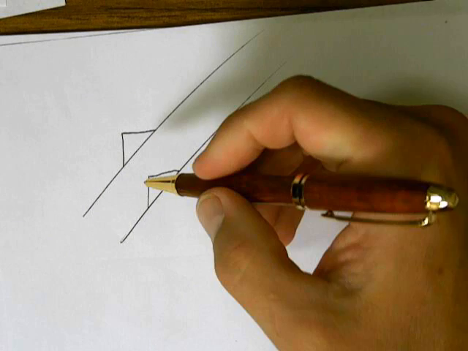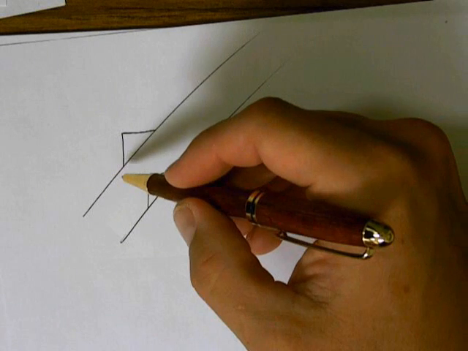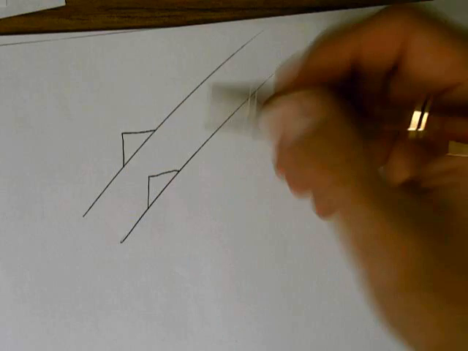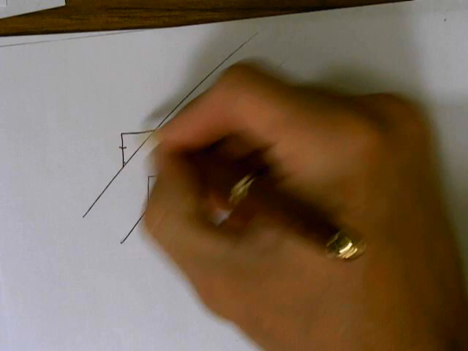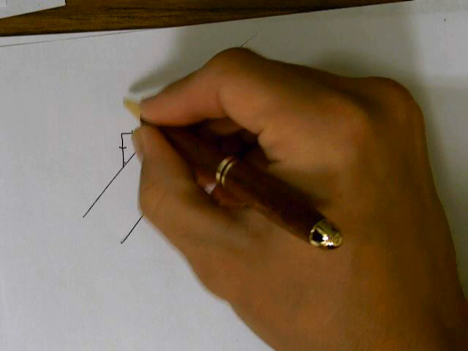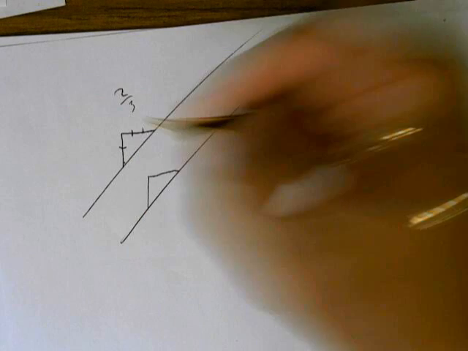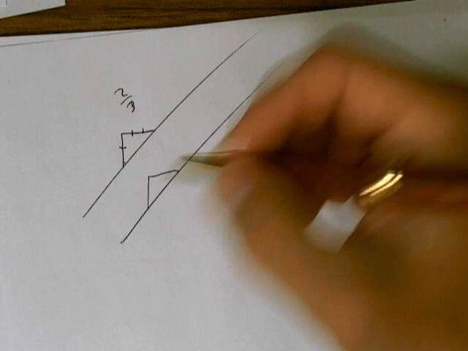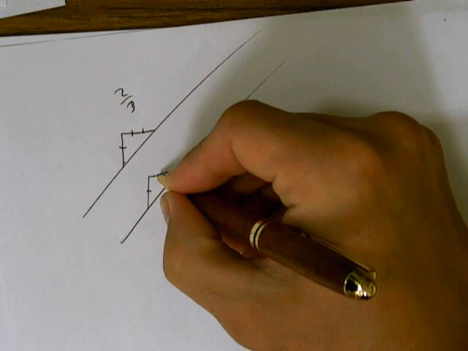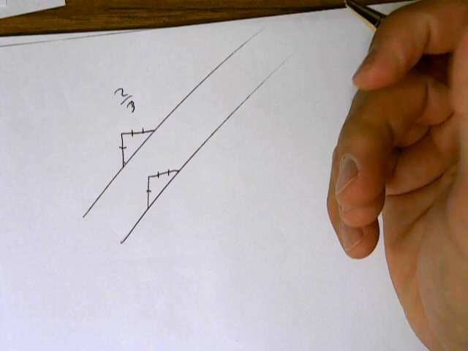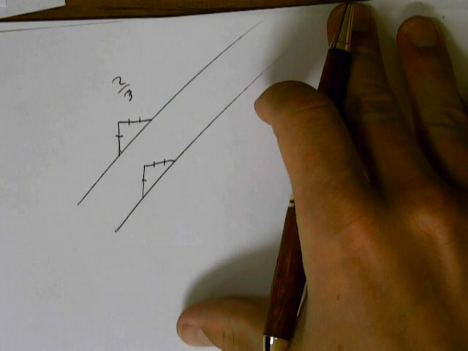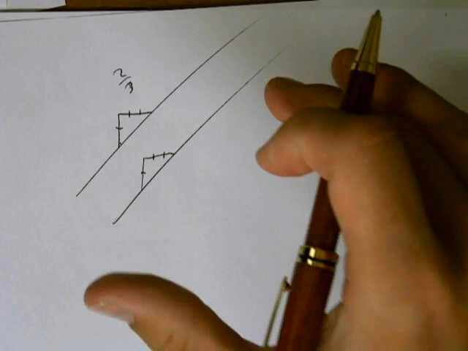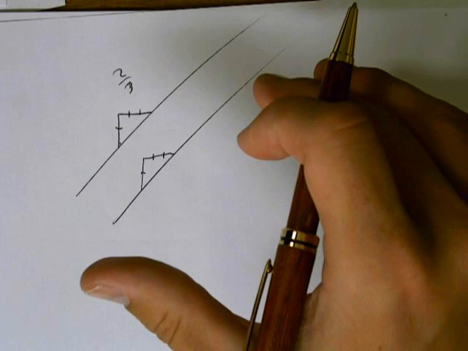So if the first one here has a rise of, let's say, 2, and a run of 3, so if it has a slope of 2/3, a parallel would also have a rise of 2 and a run of 3. Obviously, if it was drawn perfectly, it would. But so that's the first part we're looking at here, is slope for parallel.